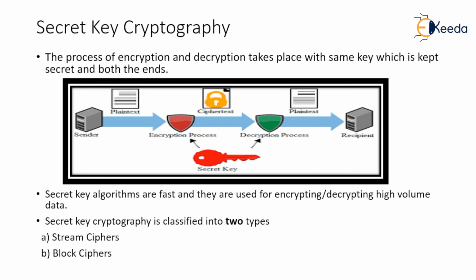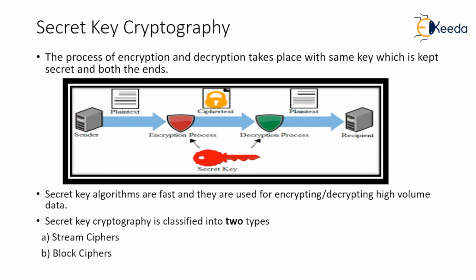And then that same secret key is used by the recipient to convert the ciphertext into the plain text. That is the decryption process. So in the figure you can see the sender converting the plain text into ciphertext with the help of the encryption process, and for the encryption process it does require a secret key.